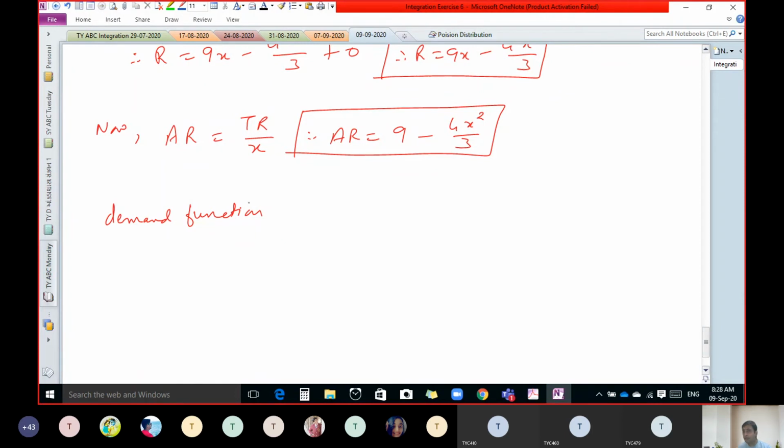No, the revenue function is not the demand function.